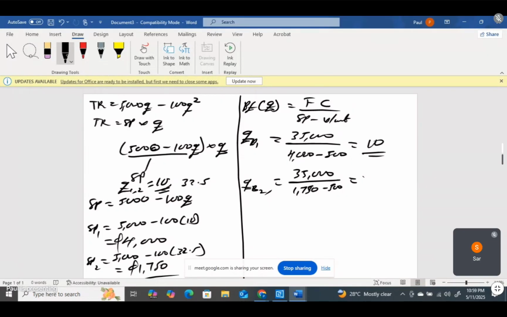So 1,750 minus 500. 28. Yeah, this time around I'm getting 28, which means something is wrong somewhere.